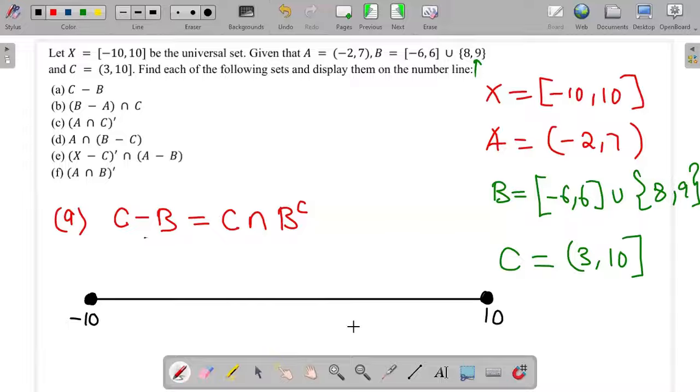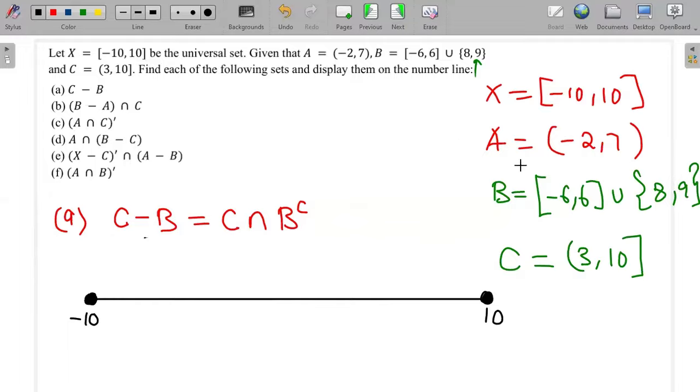I've plotted it, and then I'll go to whatever I've been given there. Set C is 3 to 10, and then set B is minus 6 to 6, and then there's a union 8 and 9 there. So you should pay attention to this notation there.